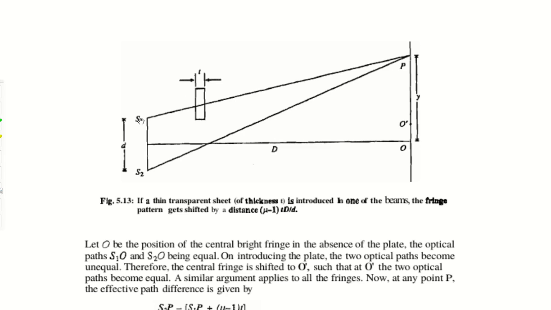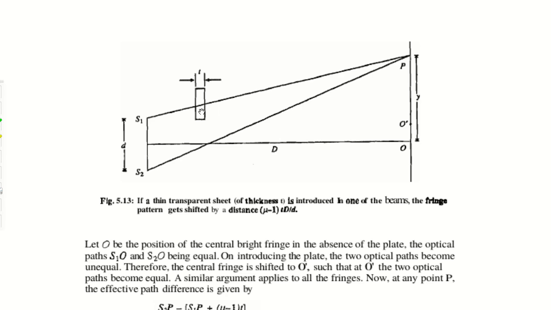But here the light travels in air a distance S1P minus t, so the time is (S1P minus t) by c in air. But what about the distance traveled within the material? It travels a thickness t, so t divided by the velocity of light in that medium, which is not c, that is v.